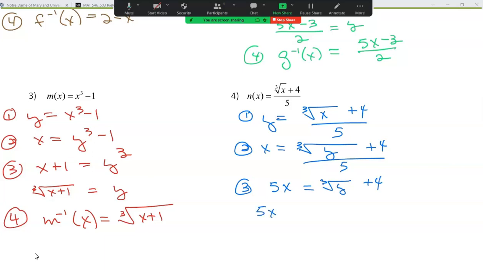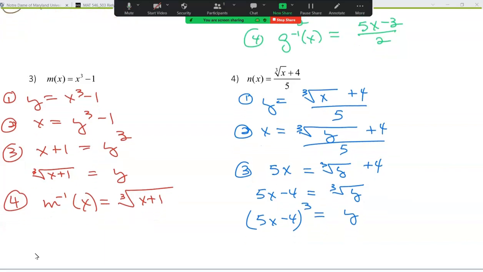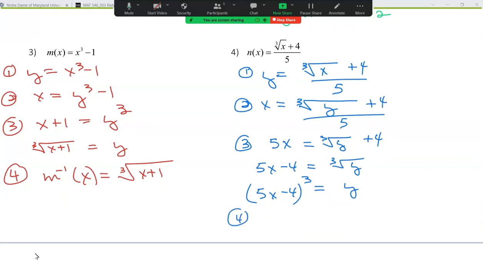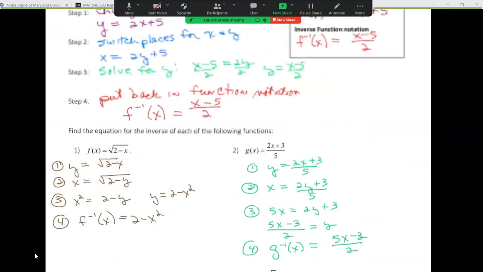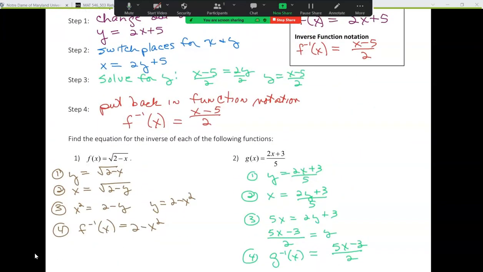Subtract 4 from both sides, and you get this. Now cube both: 5x minus 4 in parentheses cubed equals y, because when you cube a cube root, you free it up. And the last step is n to the negative 1 of x equals 5x minus 4, and that whole thing is cubed. So these are algebraic examples of how you work through and find the inverse.